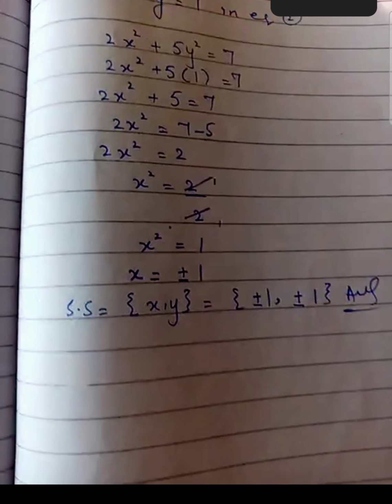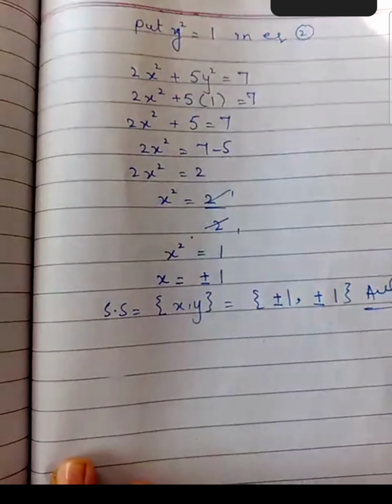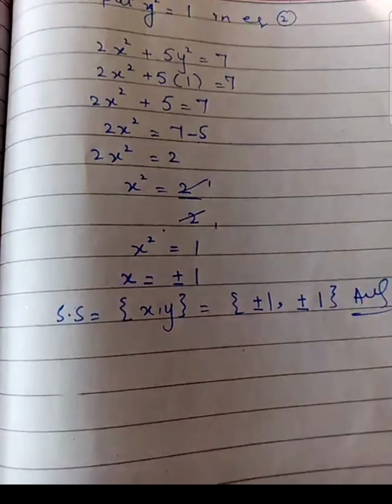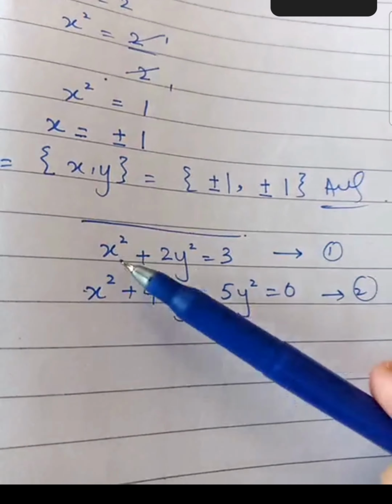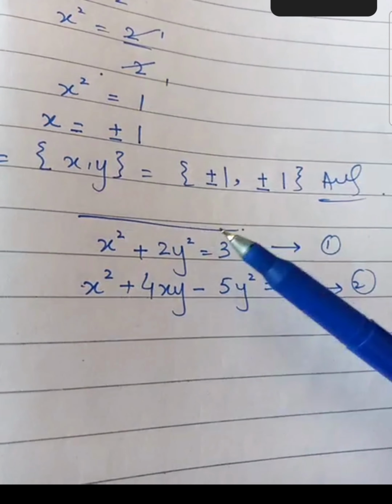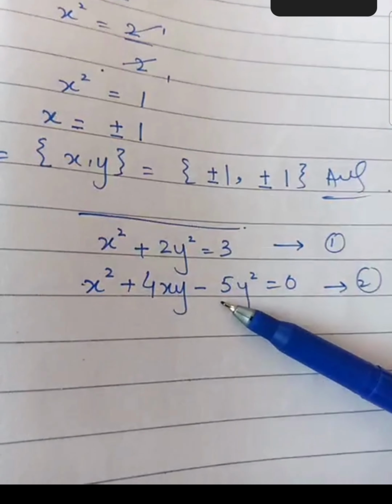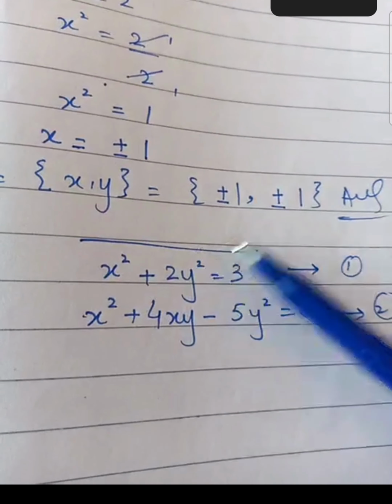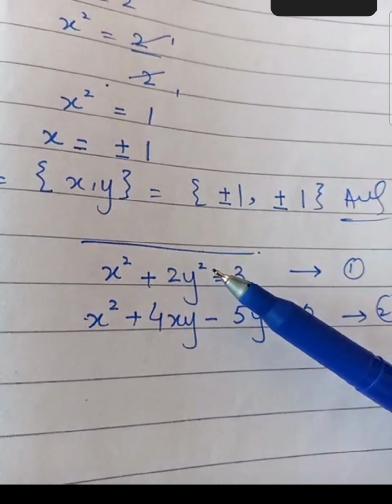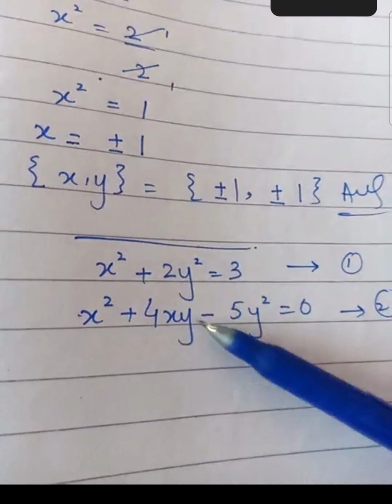Okay. Now we come towards the next question. Okay, beta. Now look, in the previous equations, we had one coefficient of x square and the other of y square.